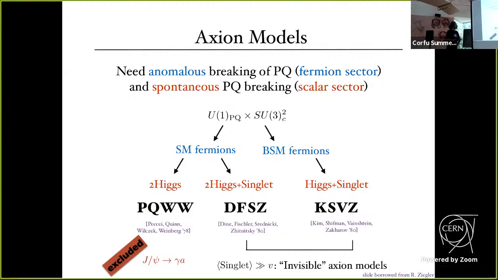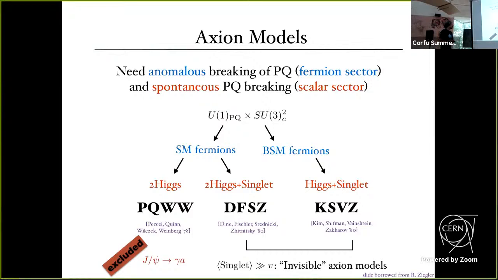The one where the standard model fermions are charged under PQ symmetry and contribute to the QCD anomaly was the first proposed by Peccei-Quinn, Wilczek, and Weinberg, but it was very quickly excluded, mainly because the PQ scale was of the order of the electroweak scale.